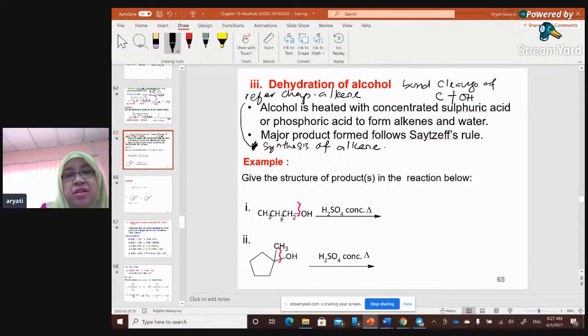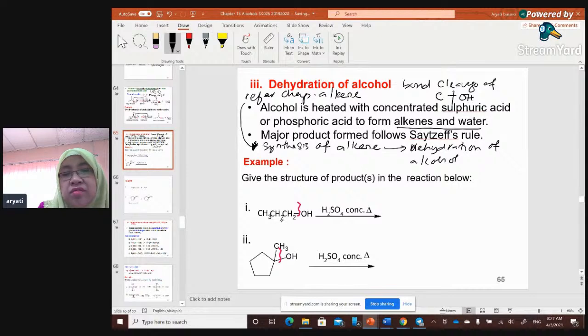Synthesis of alkene from dehydration of alcohol. Okay, so example. So kat sini. Okay. So alcohol heated with concentrated sulfuric acid or phosphoric acid to form an alkene and water.